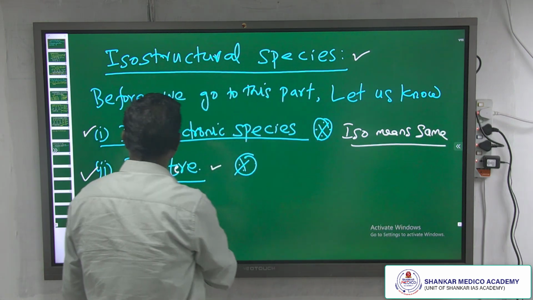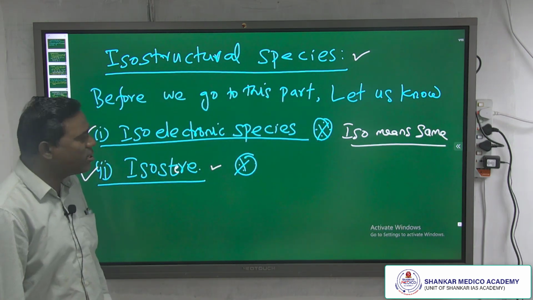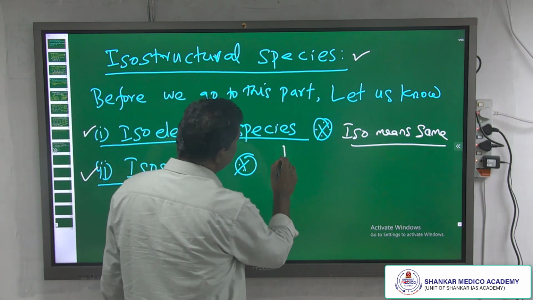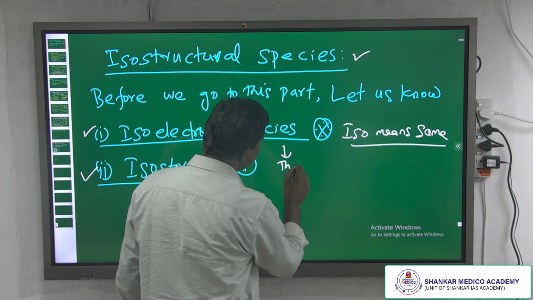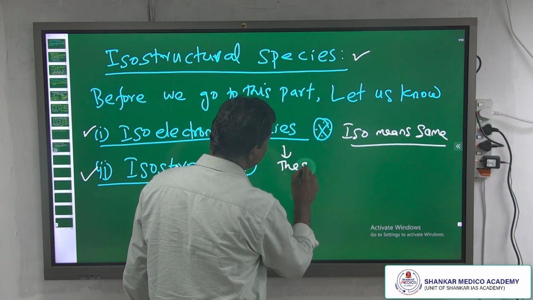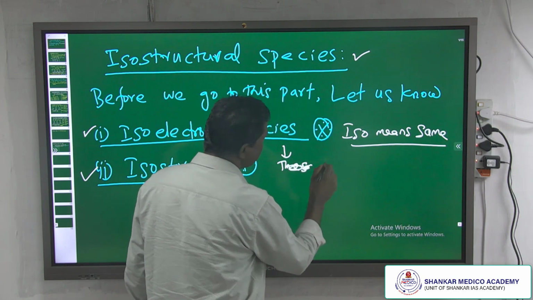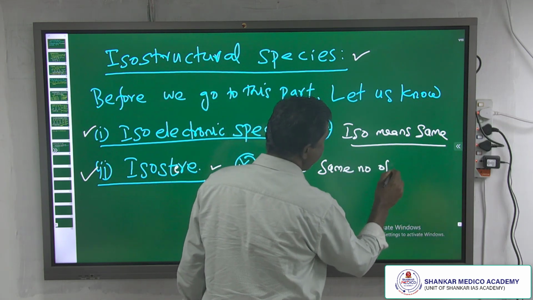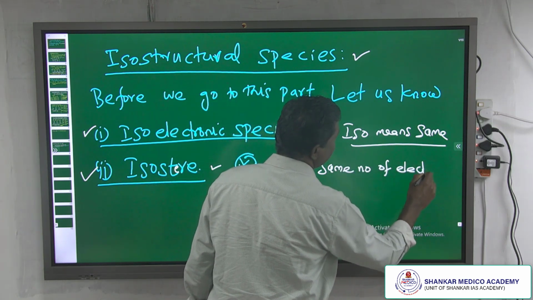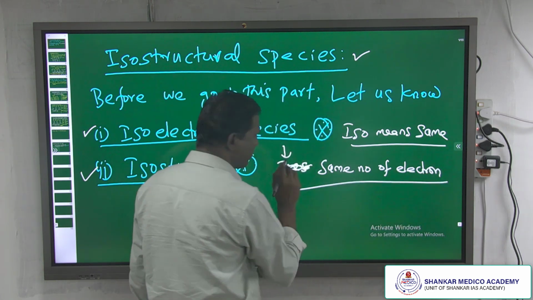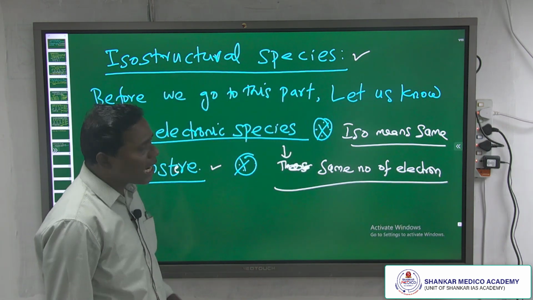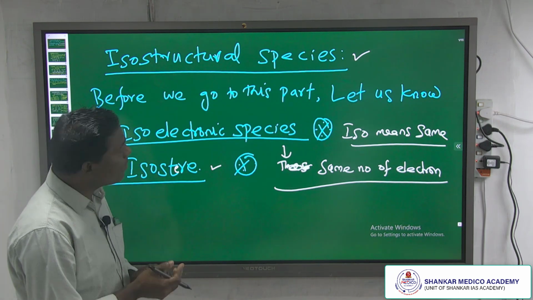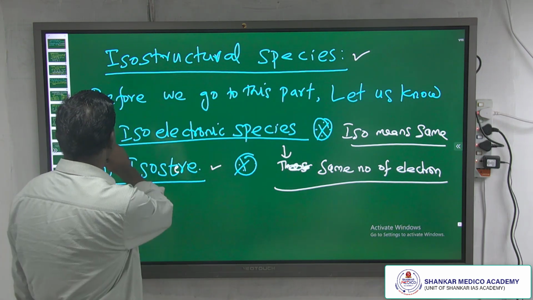Isoelectronic species means species having the same number of electrons, whether it is a cation or anion or neutral. That species should have the same number of electrons.